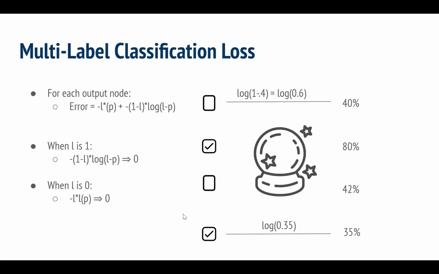And if the label applies to the instance, for example, assume this is an SMS, we should market it through SMS, and we predicted only 35%, we take the log of 0.35, and we sum this formula for all of the output nodes, and this is our loss function. So our loss function is just the sum of the error or the loss of each node, and depending on whether the label applies to the data point or not, we either take the log of p or the log of 1 minus p. I hope that's clear.